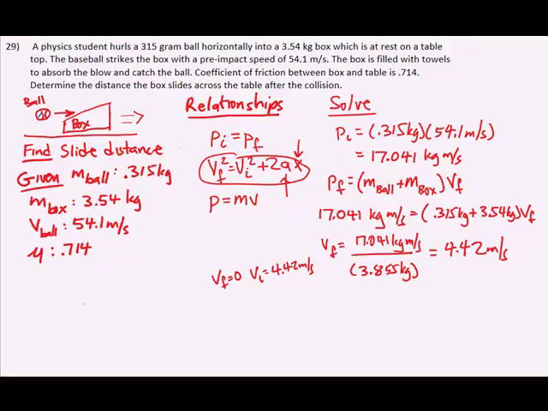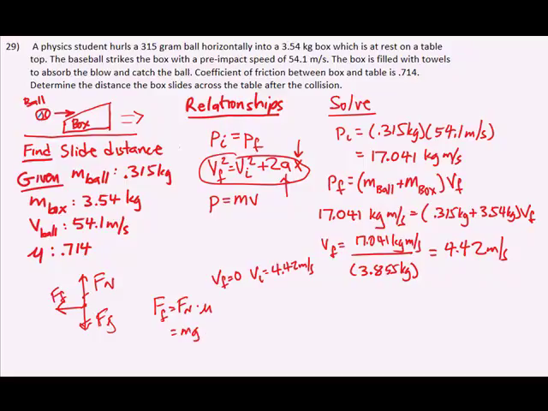As this thing is sliding, I have a force of gravity down, a normal force up, and a frictional force opposing that motion. My frictional force is going to be equal to my normal force times mu. My normal force balances with the gravitational force, so it's mass times gravity.